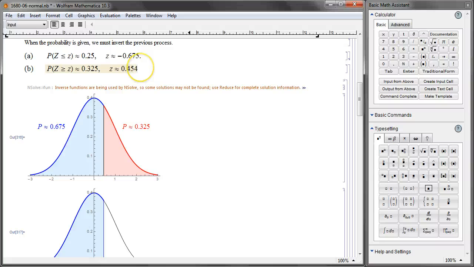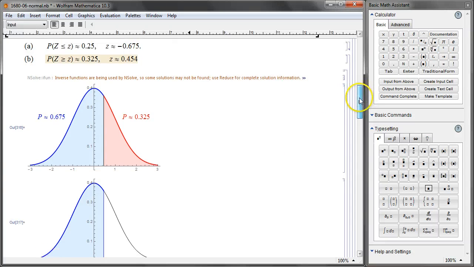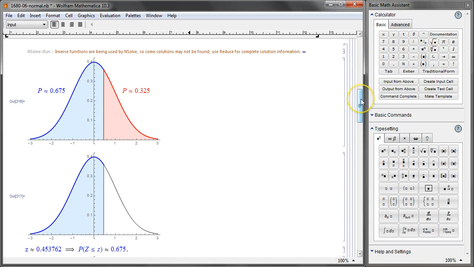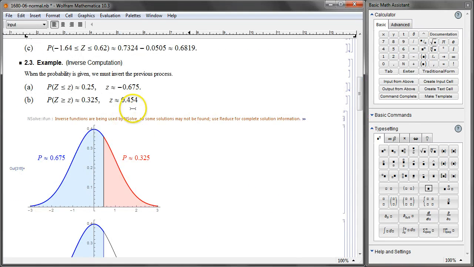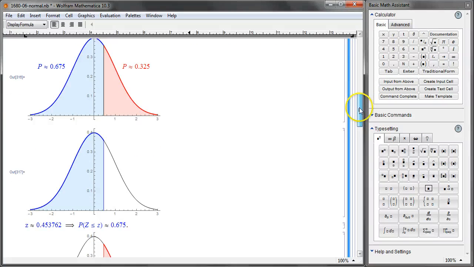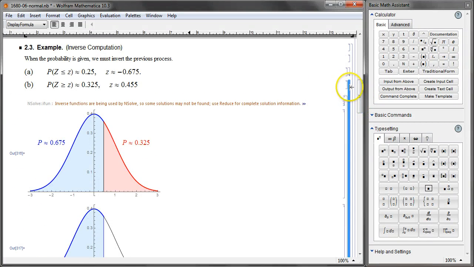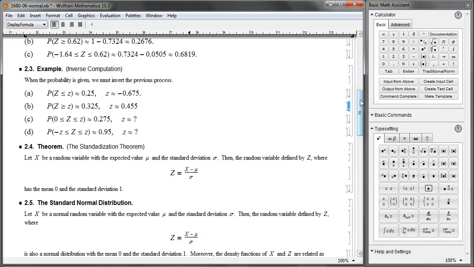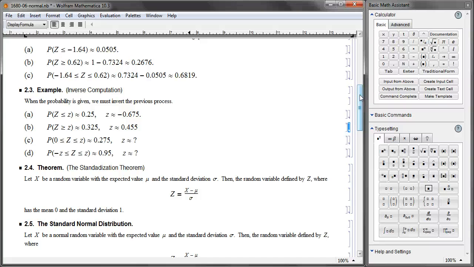Actually closer to 0.454 according to the mathematical computation, but with the normal table, my rough estimation was about 0.455. Not precise, but close enough. Of course, if you use 0.45 or 0.46, you're going to get full credit, because in this backward inverse problem, it is impossible to get the numbers as accurate as in forward problems.